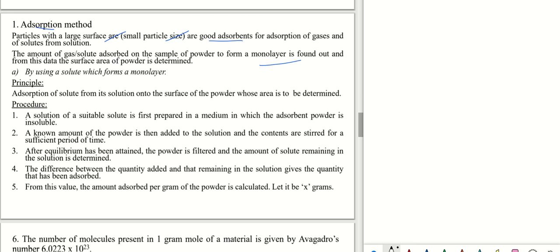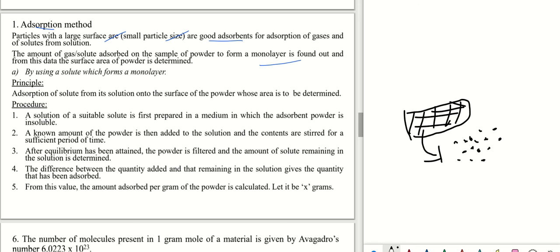Now let's see this diagrammatically. Let's consider this as the powder sample, a packed powder sample. If you see inside, each powder particle will be present like this, closely arranged. Now suppose another solute or gas is passed through this plug of powder.